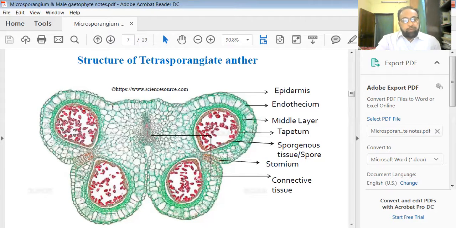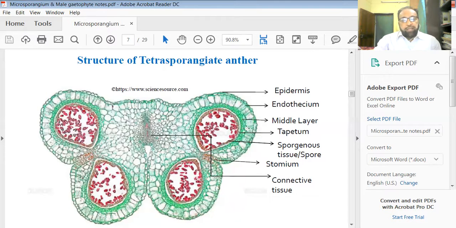They store the food material and supply it to the pollen sac. In the central side, as I told you, a central tissue system is present, which is useful for joining all four chambers, and it is called the connective. This connective tissue is hard, thick, and useful for attachment of all four chambers.